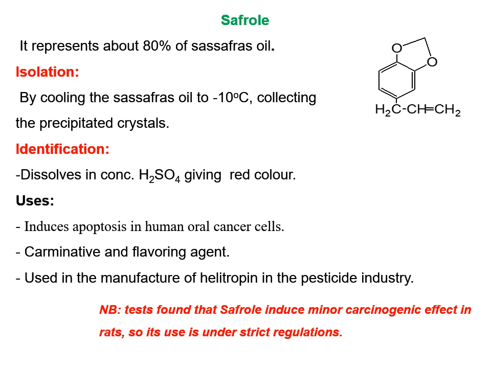Safrole, when treated with concentrated sulfuric acid, produces a red color, which is the test used for its identification. Safrole is used as a carminative and flavoring agent, and in the manufacture of heliotropin and in the pesticide industry.